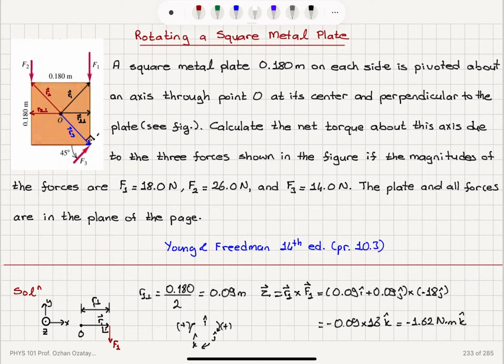Or you can say that it's the perpendicular distance 0.09 multiplied with the magnitude of the force 18, but then we have to use the right hand rule to find the direction of the force. So your four fingers point in the direction of R1 perpendicular, curl them towards F1, and the thumb points into the page, which means it's in minus k hat direction.